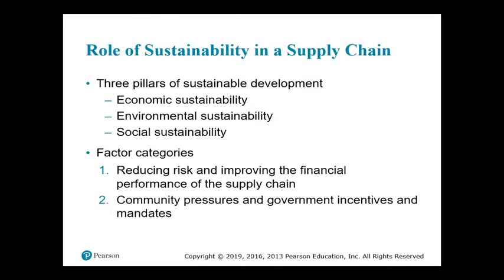Secondly, we also see communities and governments that put pressure on the industry or introduce incentives, mandates, and policies to help the industry regulate itself. And lastly, we're attracting customers that value sustainability.